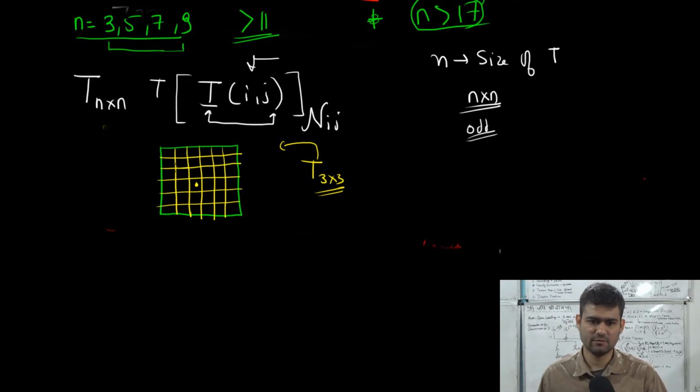So to take this 3 cross 3 neighborhood centered at i comma j, the ith row and jth column, we'll take all these pixels in the neighborhood into account. We'll operate on this neighborhood and that will give us the resultant value.